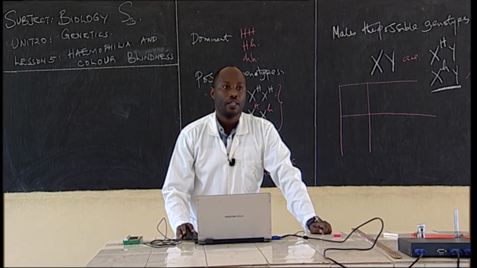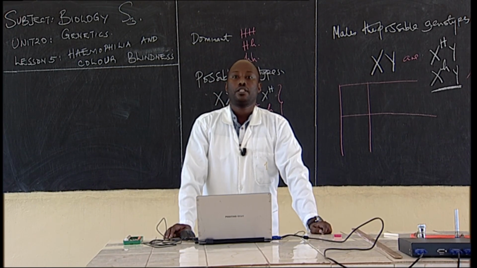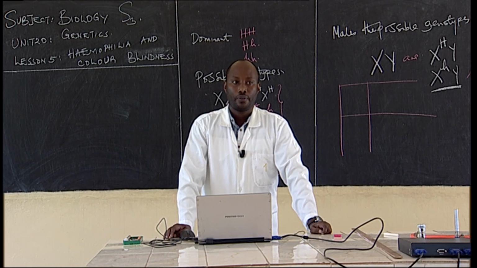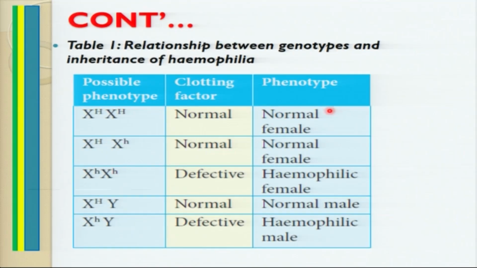We have X, X. This is a female, the possible phenotype, then the clotting factor. If it has X, these are located on sex chromosomes. That woman is normal.